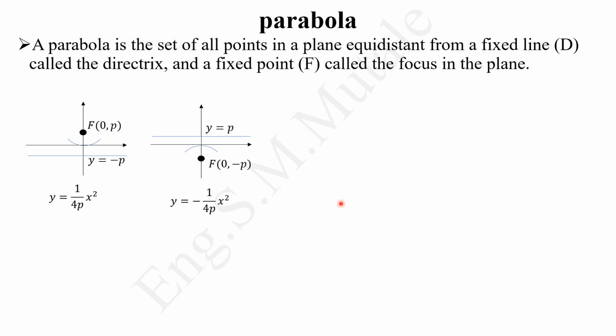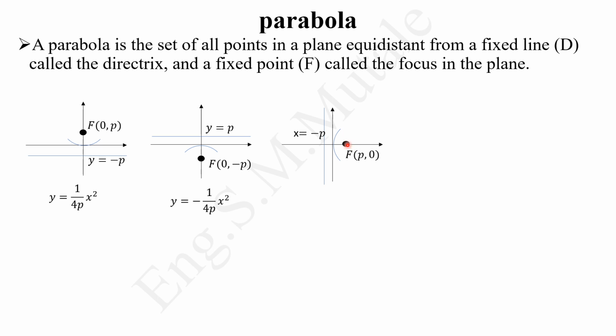Then you have a parabola forming on the x-axis. It could be on the positive x-axis or on the negative x-axis. The one on the positive x-axis will be opening this side. It will have the directrix x equals negative p. This time it's x because this is the value for x, and the focus is (p, 0).